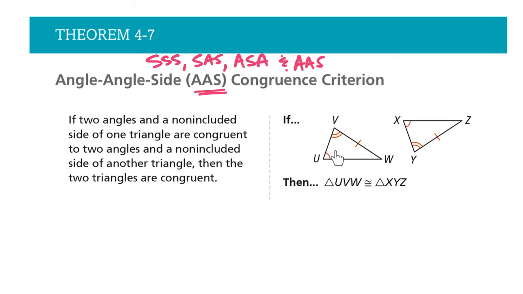So again, if we have our two angles marked here and here, and then a side that's not connecting those two angles, and we have the same situation happening on another triangle, two angles congruent and a side that's not connecting them, also congruent, then our two triangles have to be congruent.